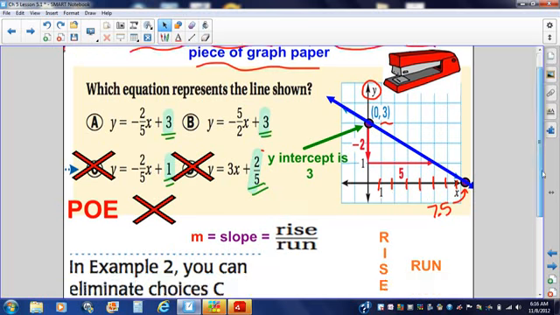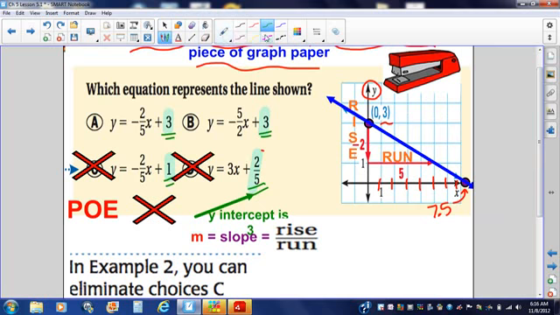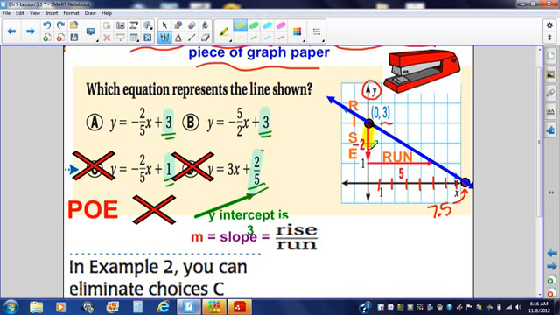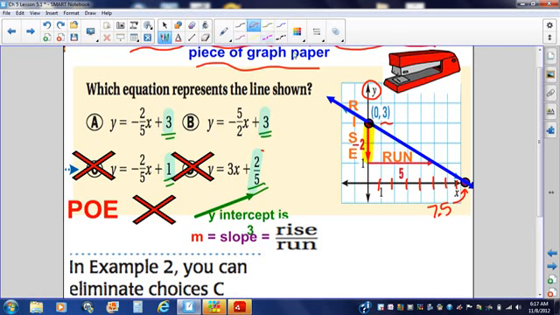Remember that m, or slope, is also rise over run. So you might want to label rise on your paper here, and you might want to label run on your paper here. This is a rise of 2. I went down 2 spaces. 1, 2.